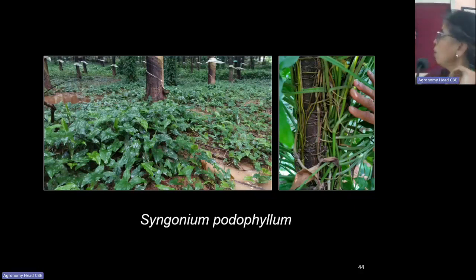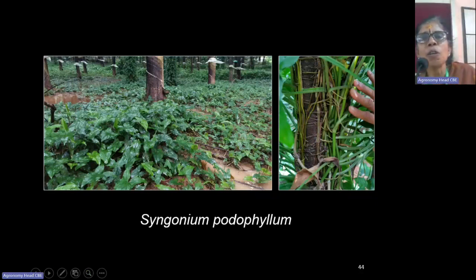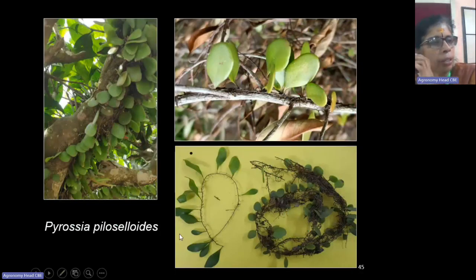Even if you remove all parts up to this height, if I remove everything, the plant will continue its growth upstairs. So apart from soil, it is taking nutrition from air and probably from the host also.